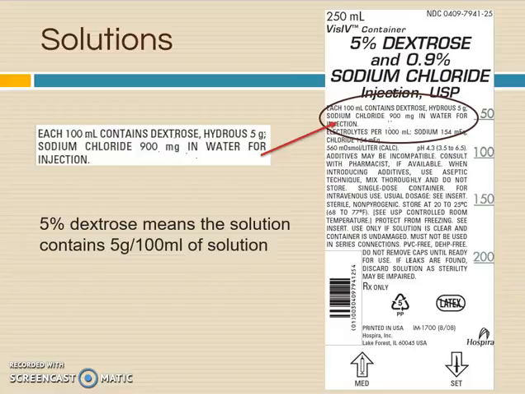Dextrose is a carbohydrate. Carbohydrates have 4 calories per gram. You might remember that from your nutrition class. So you can figure out exactly how many calories if you ever needed to in a math question, say for example.